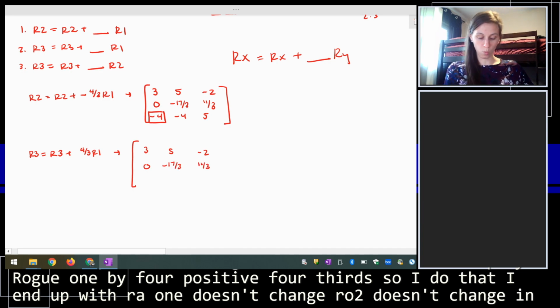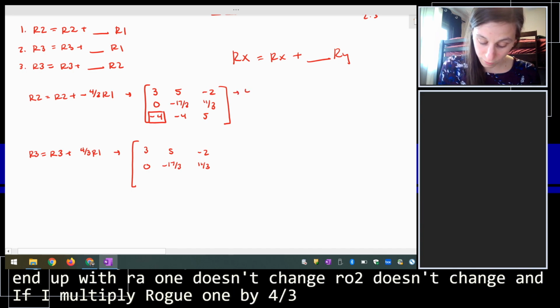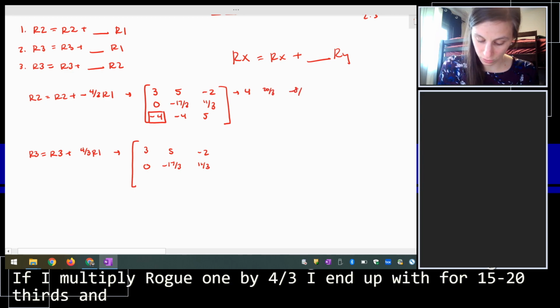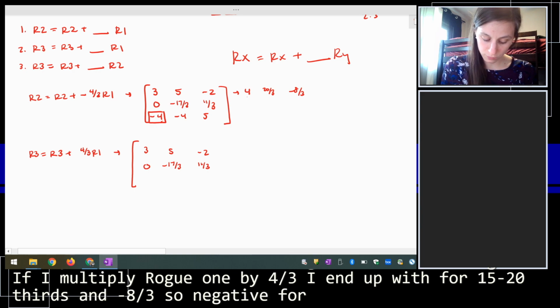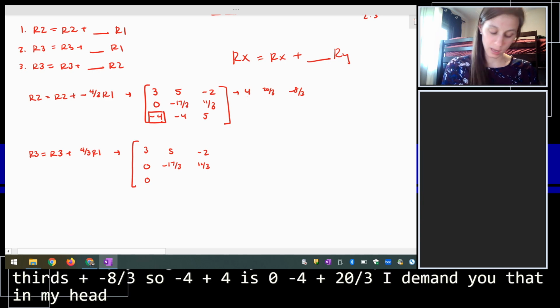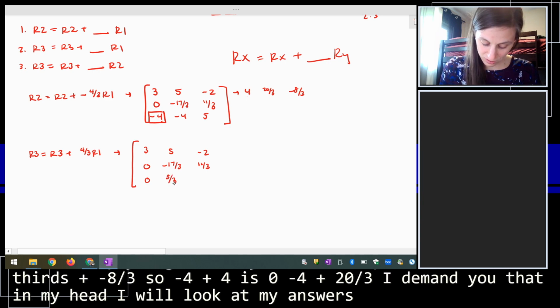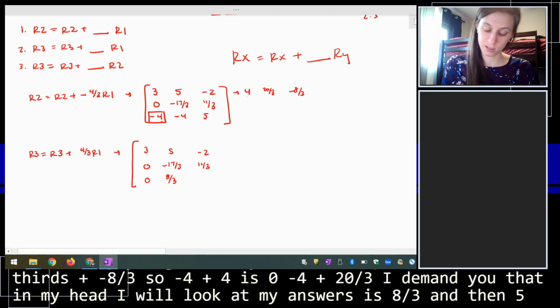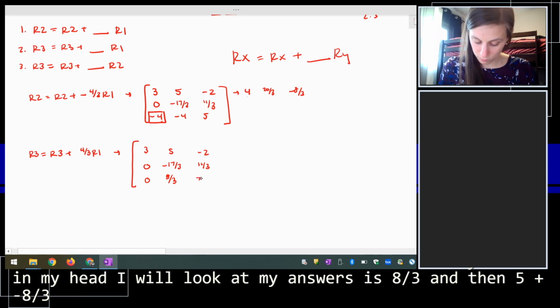And if I multiply row 1 by 4/3, I end up with 4, 20/3, and negative 8/3. So negative 4 plus 4 is 0. Negative 4 plus 20/3, rather than do that in my head, I will look at my answers, is 8/3. And then 5 plus negative 8/3 is 7/3.